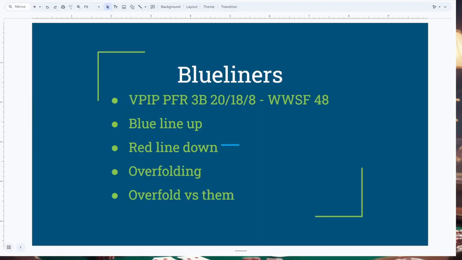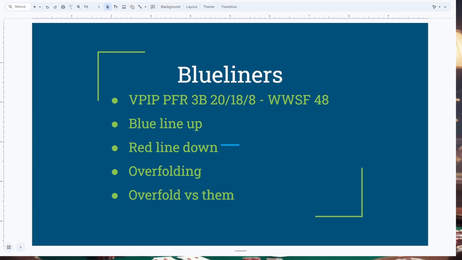So let's get back to how blue liners work. In general, blue liners will show a pattern on the graph: their blue line will go up, but the red line is going down. So basically, they're not putting enough pressure postflop. They will be very passive in general, and this is also how I would recognize them.